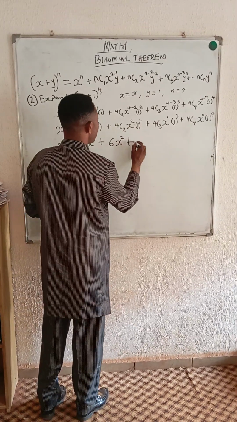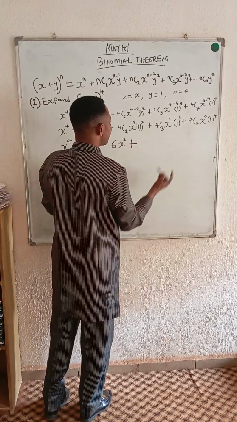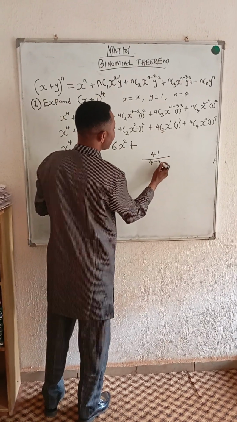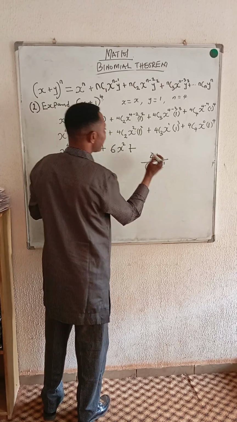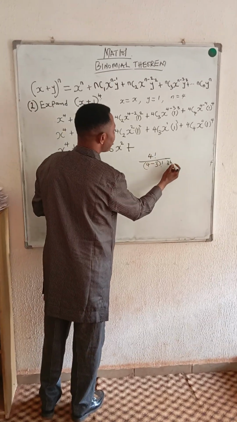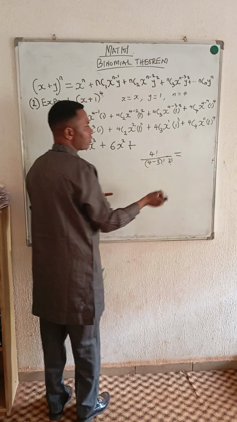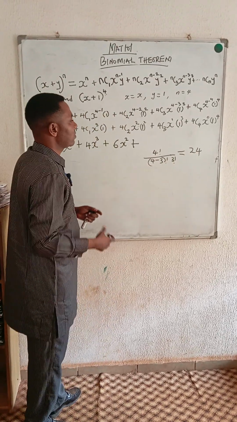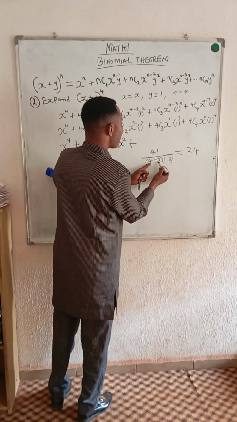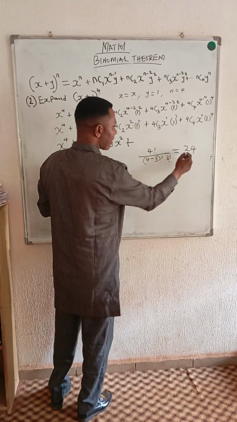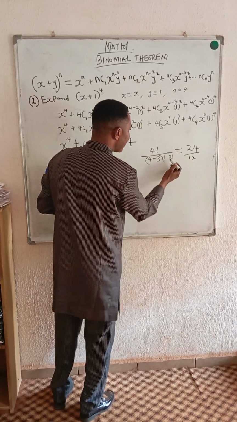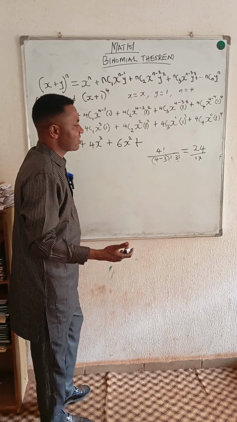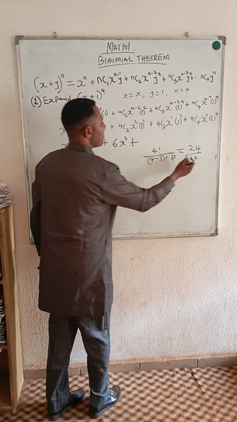So that is it. You have 1 plus, we move here. 4 combination 3 is still the same thing. Look at it, 4 factorial all over 4 minus 3 factorial, then multiply by 3 factorial. What is 4 factorial? We have been doing it, it is 24, 4 times 3 times 2 times 1. Then 4 minus 3 is 1. What is 1 factorial? It is 1. Multiply by 3 factorial, which is 3 times 2 times 1, 3 times 2 is 6, 6 times 1 is 6.